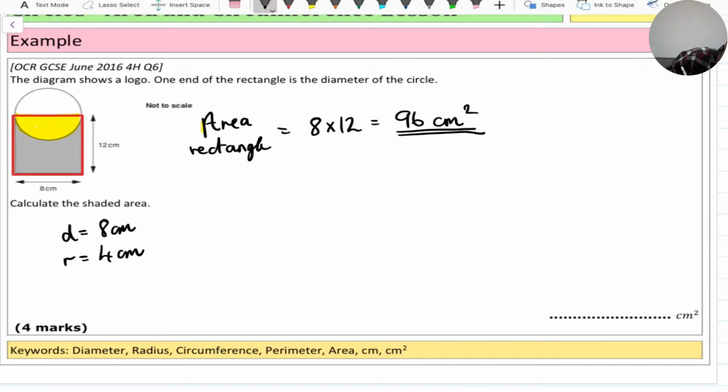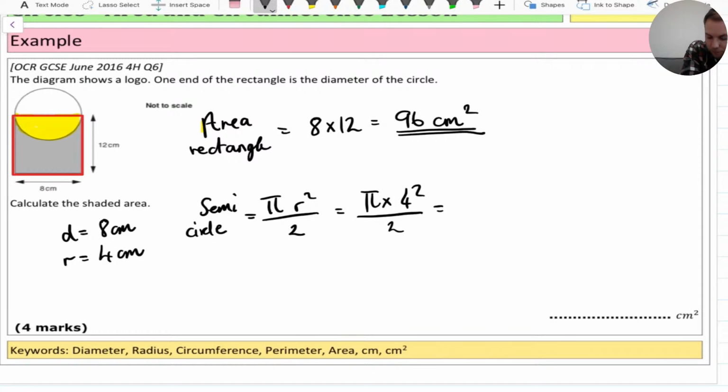For the semicircle, we know that it's pi r squared divided by 2. So that's pi times by 4 squared, all divided by 2.